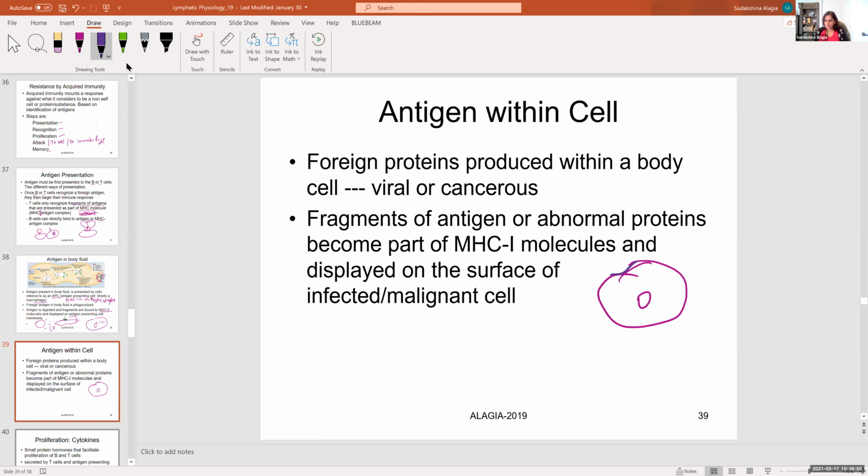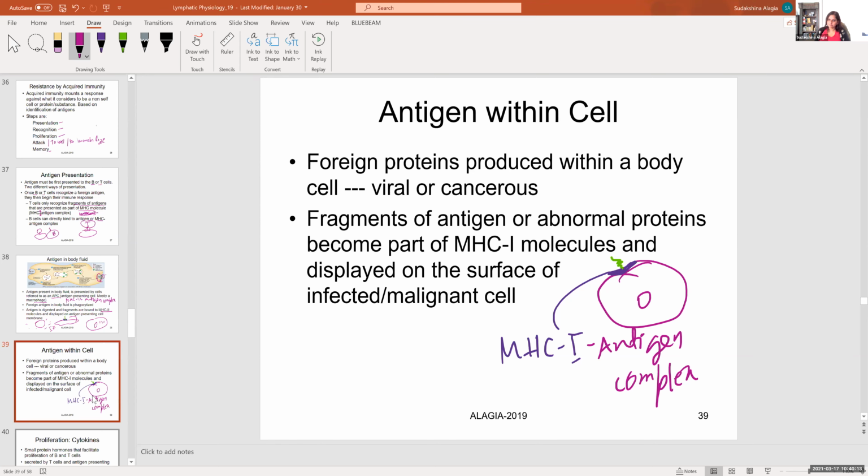They got MHC1, normally present on the surface of every single nucleated cell. But now that MHC1 gets an antigen fragment, and now you call this an MHC1 antigen complex. So we're just covering the foundation, then I'm going to put the process together.